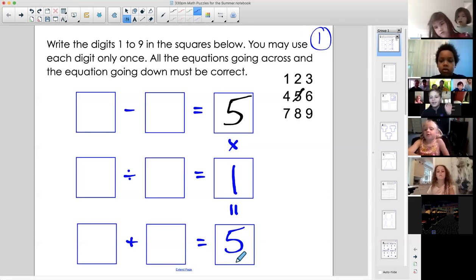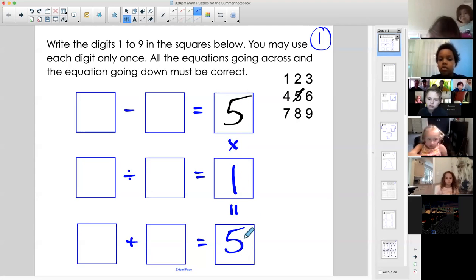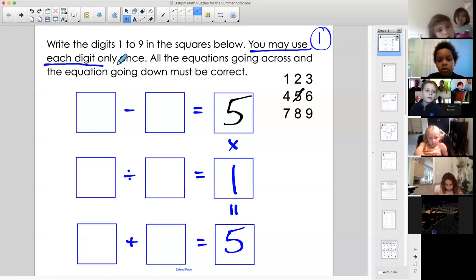What did Mr. Kramer just do wrong? I wrote 5 times 1 equals 5, but why am I not allowed to do that? Cam, can you explain to me why I'm not allowed to do that? You remember in the rules of this game, it says you may only use each digit once.